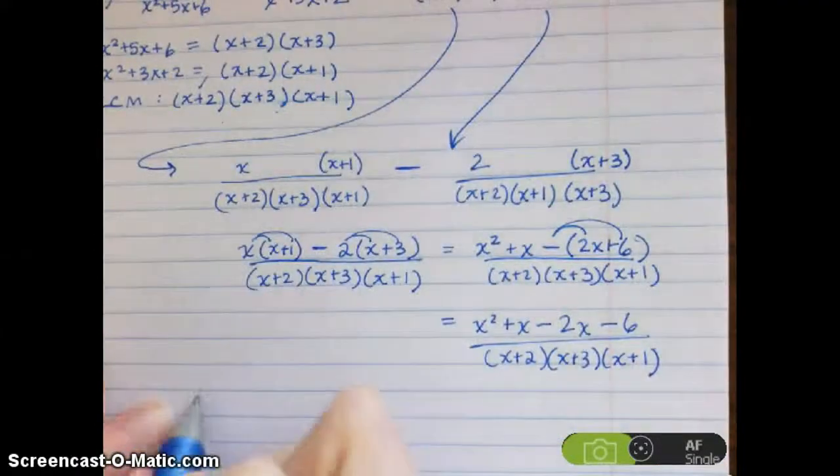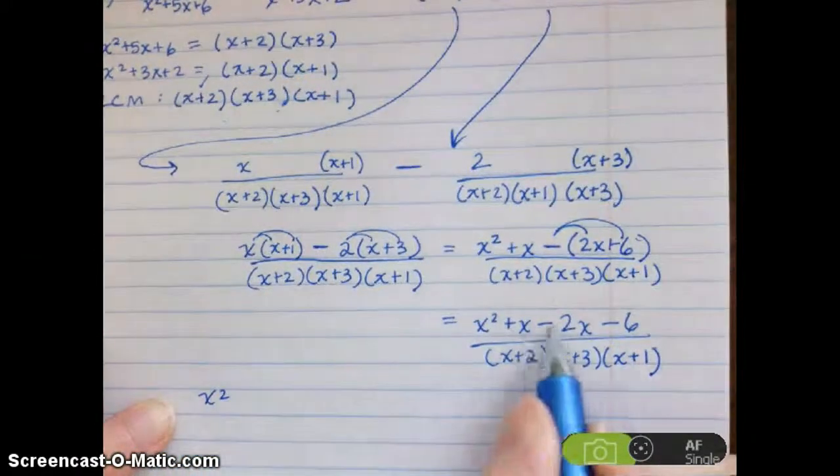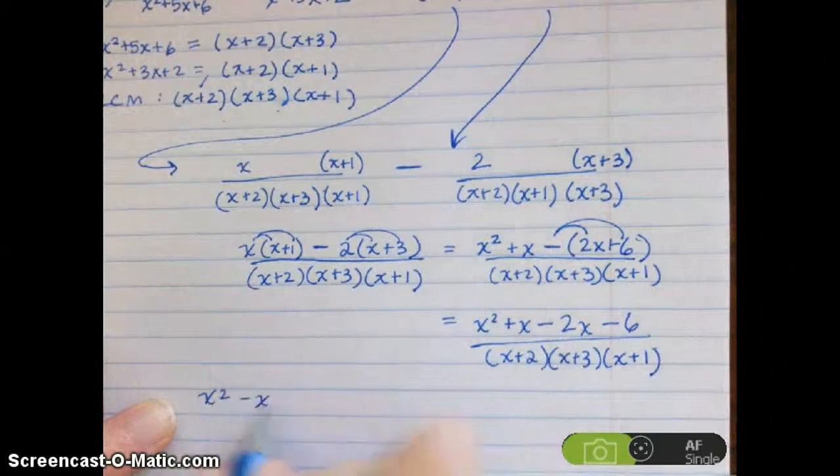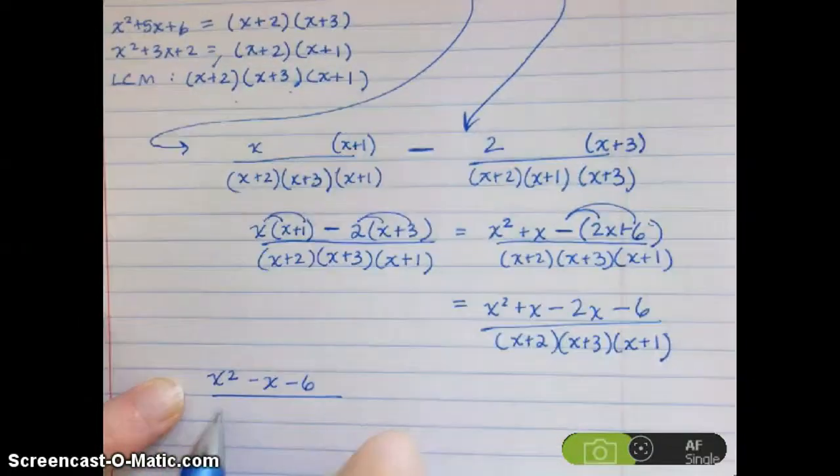I have x squared minus x minus 6 over x plus 2 times x plus 3 times x plus 1.